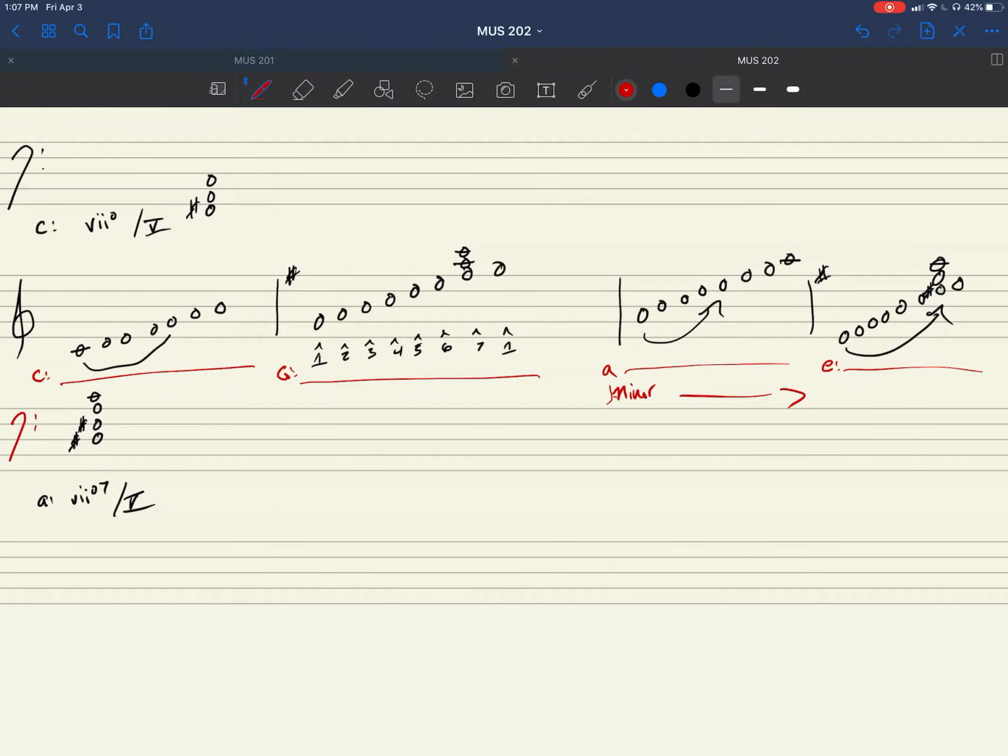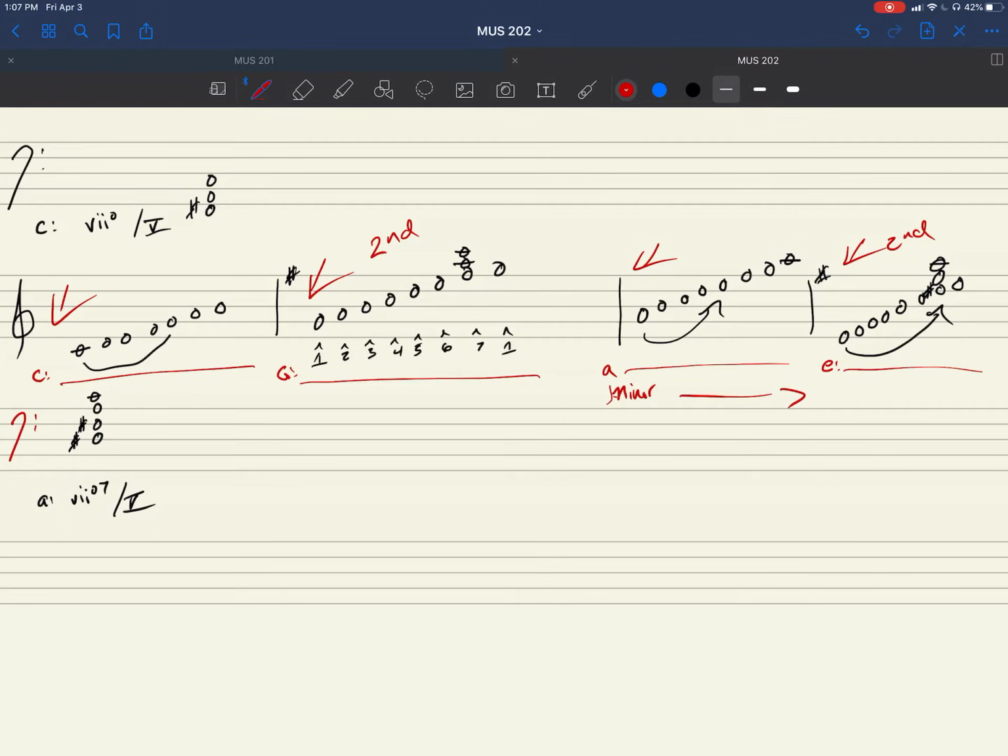So that's really what's happening here, is here we have a primary key area of C, a secondary key area of G. Since we're usually not going to modulate, we generally don't change the key signature, we just use the secondary dominant because it usually only occurs for a brief period to intensify a dominant tonic cadence. So same thing here with minor, you've got A minor and a secondary key area of E. So that's why these are called secondary dominants or secondary leading tone chords, because they occur in the second key area, not the primary one.